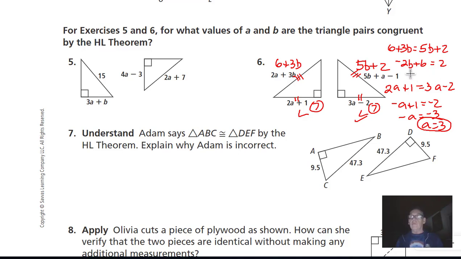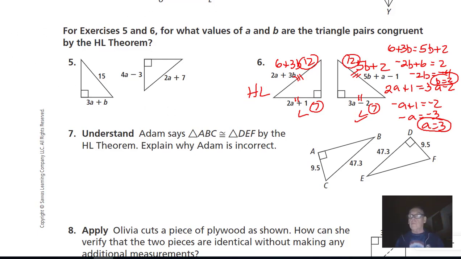Take away 6 from both sides: minus 2B equals minus 4. Divide both sides by minus 2: B equals 2. So if B is 2, that's going to cause this side to be a 12, and this 10 plus 2 also makes a 12. So if B is 2 and A is 3, these triangles would be congruent using hypotenuse leg.